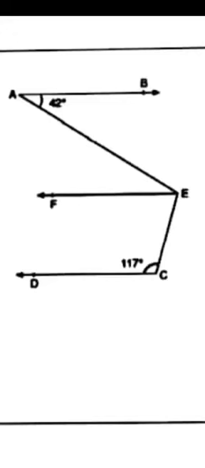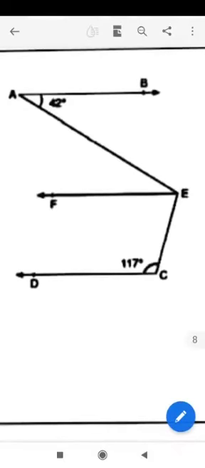In the bottom, the measure of angle FEC and the measure of angle DCE are two interior angles. Why? Because these two angles make a U, and the sum of two interior angles equals 180.